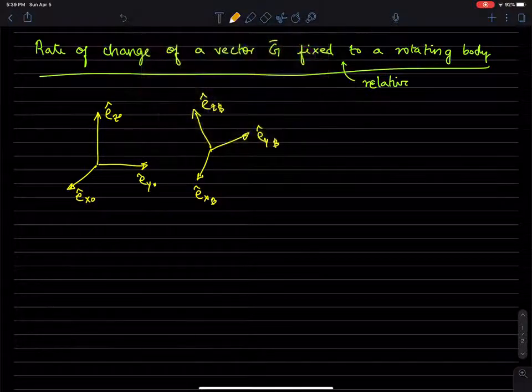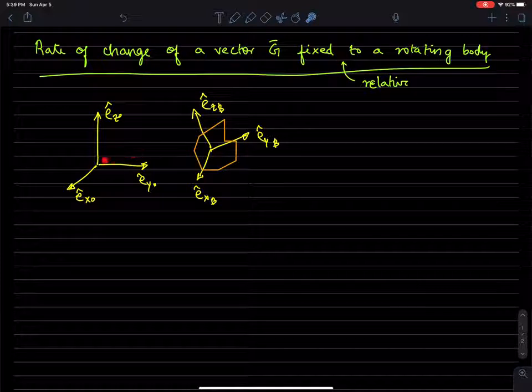And the second frame is fixed to some weird rigid body. And this frame, let's say, is fixed in space, and this frame is moving relative to this frame and is fixed relative to this rigid body. And we are considering a vector G that is fixed in this frame, but possibly moving in this frame.